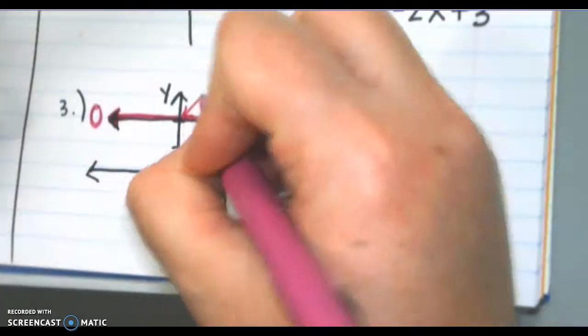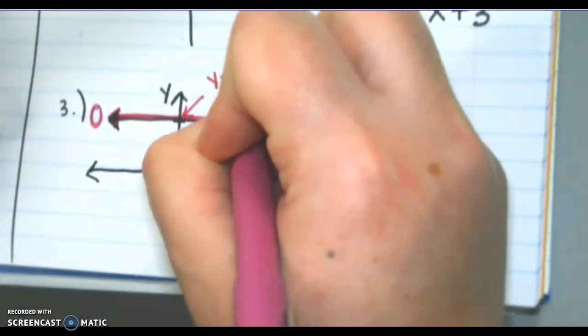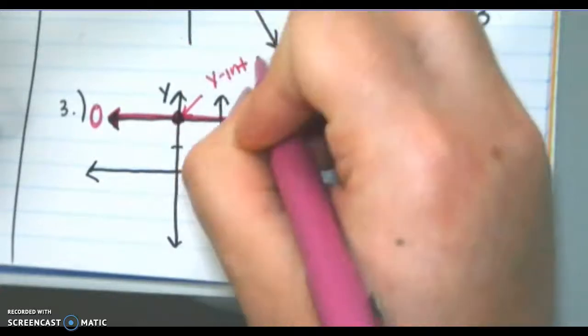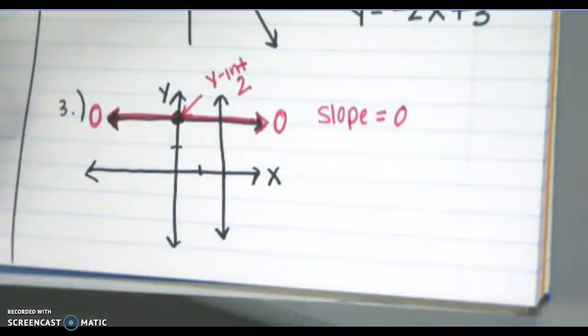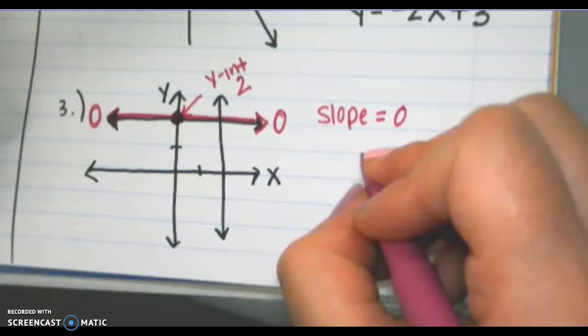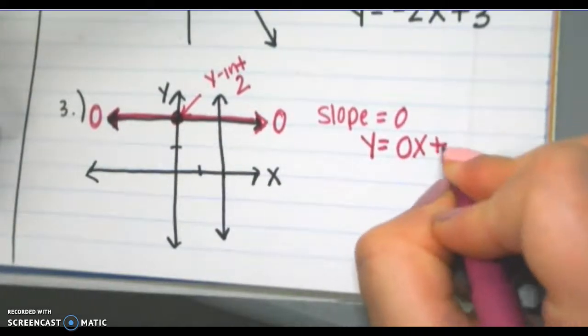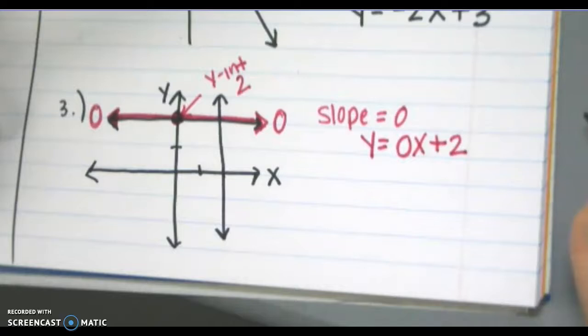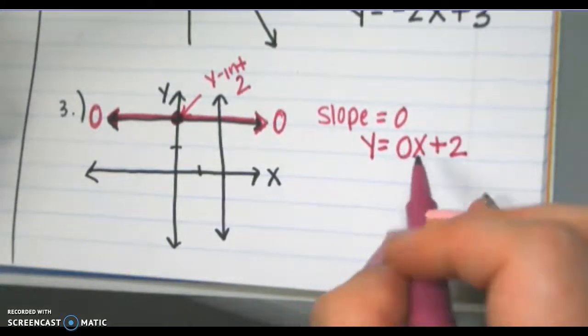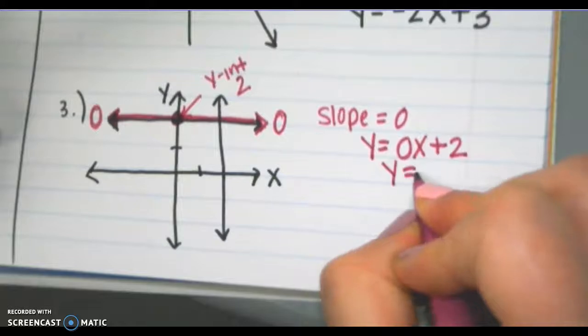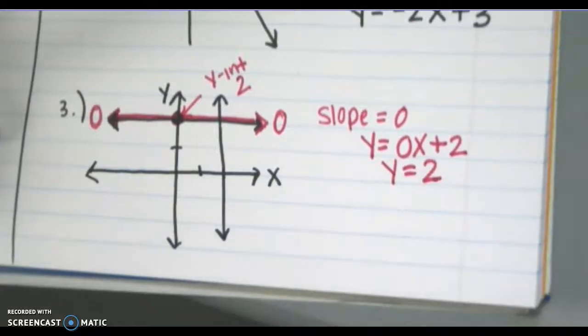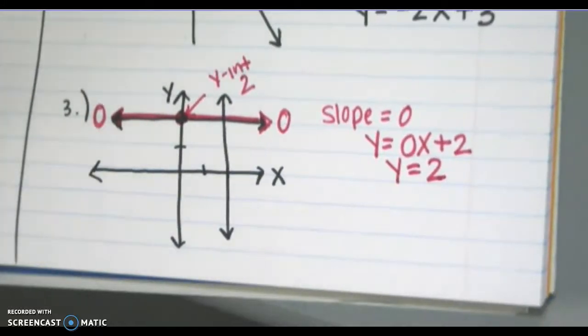For this one, my y-intercept is the point 2. So this equation would be y equals 0x plus 2. But anything times 0 equals 0, so that whole thing is basically going to cancel out. And so this will just be the line y equals 2. So anytime you have a horizontal line, your equation should look like y equals a number.